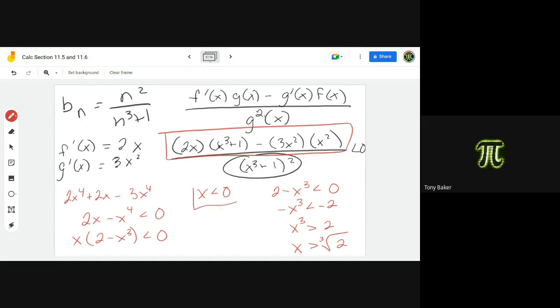So x is less than 0 and x is greater than the cube root of 2 is when the derivative is going to be negative.